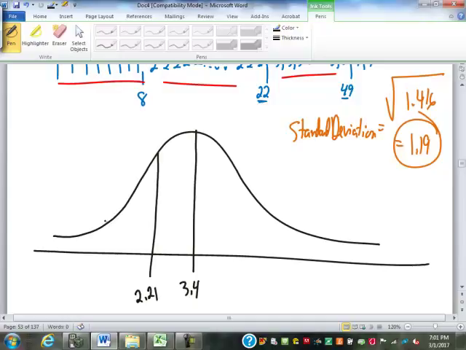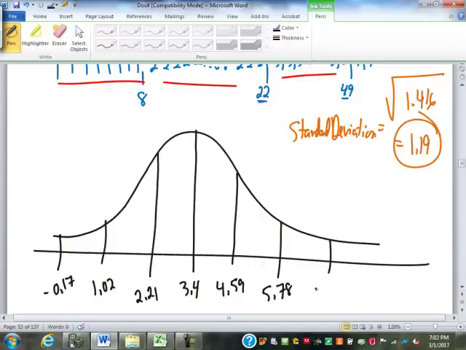So this would be 2.21, 1.02, negative 0.17. This would be 4.59, 5.78, 6.97, and put in those percentages.